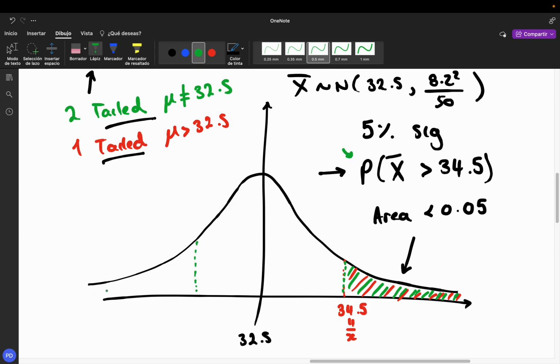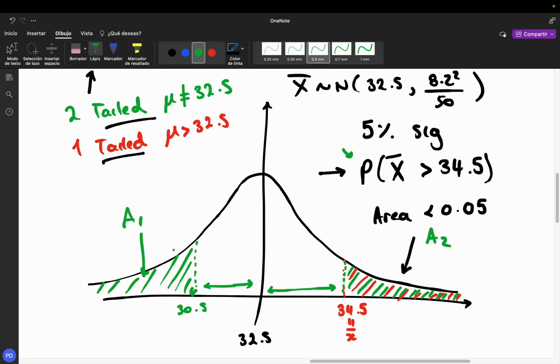If I make this look symmetric, what have I just done here? I have picked a point here that is the same distance away from the mean as 34.5. So this would be 30.5, right? And now I'm considering this area as well. So let's call this area 1 and this one area 2.